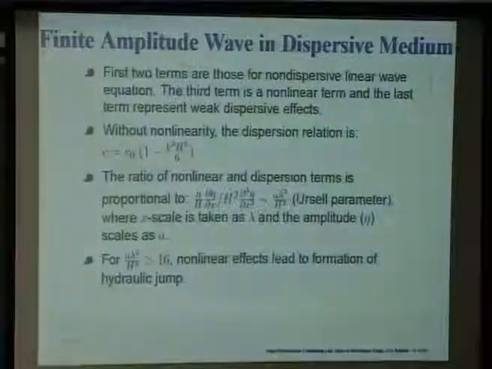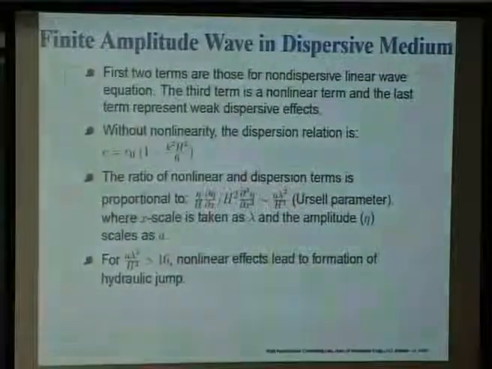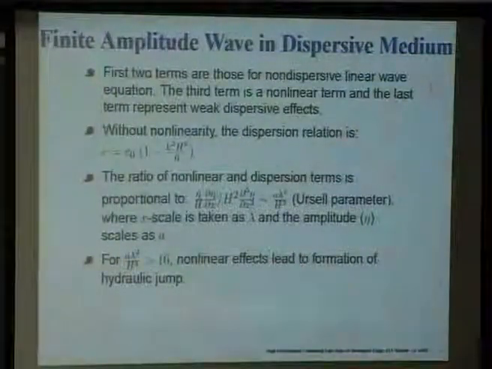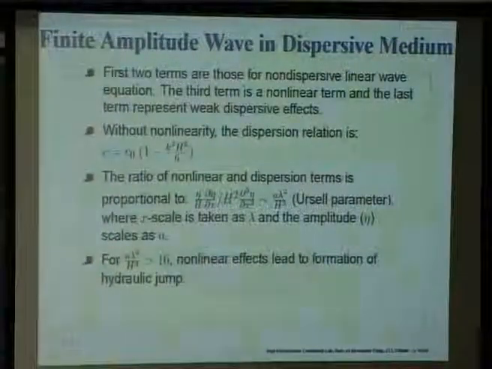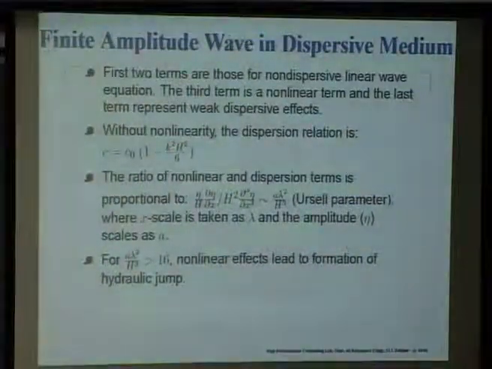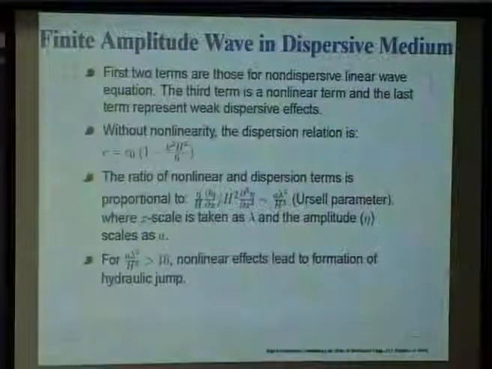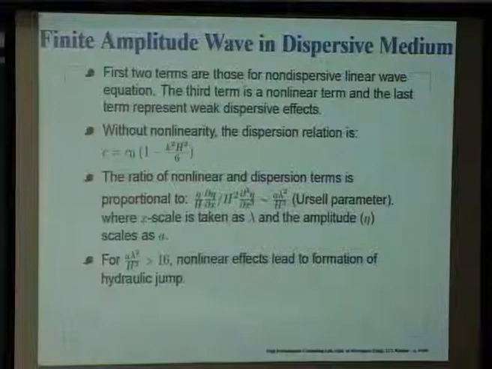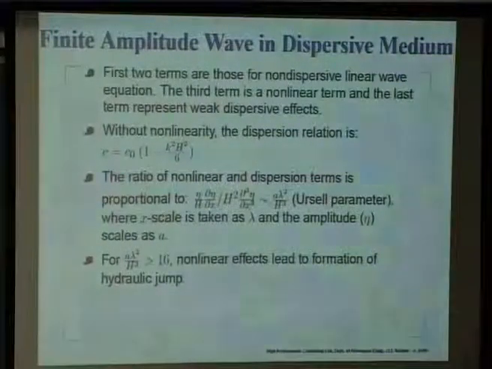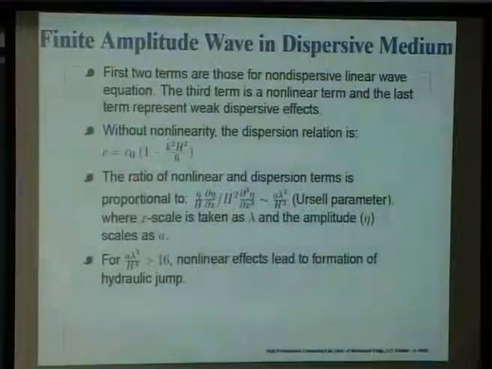However, of course, you cannot write down the dispersion relation that easily because of the nonlinearity. If you knock off the nonlinear term, the dispersion relation looks like this. This is your first two terms. If I write down the dispersion relation we have obtained for surface gravity waves, expand it in a power series and just retain the first two terms, that is what we get.